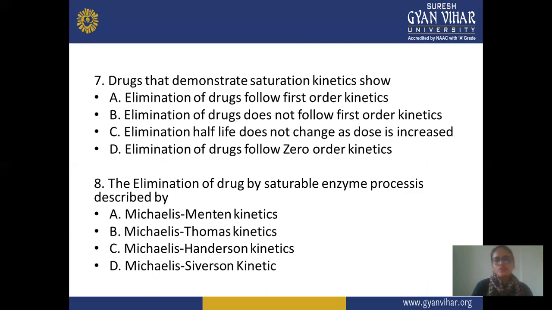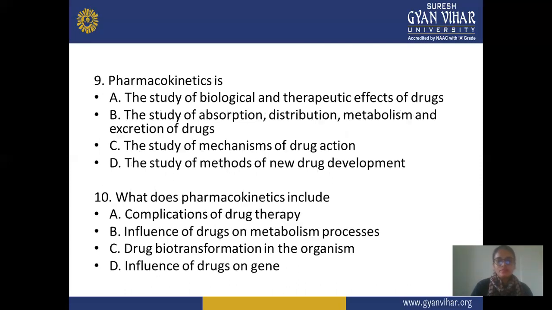For the seventh question, you should know what saturation kinetics is, and according to it, you can select the one correct option out of these. And the eighth question: the elimination of a drug by a saturable enzyme process is described by: A is the Michaelis-Menten equation, B is Michaelis-Thomas kinetics, C is Michaelis-Henderson kinetics, and D is Michaelis-Severson kinetics. These are the four options for the eighth question.